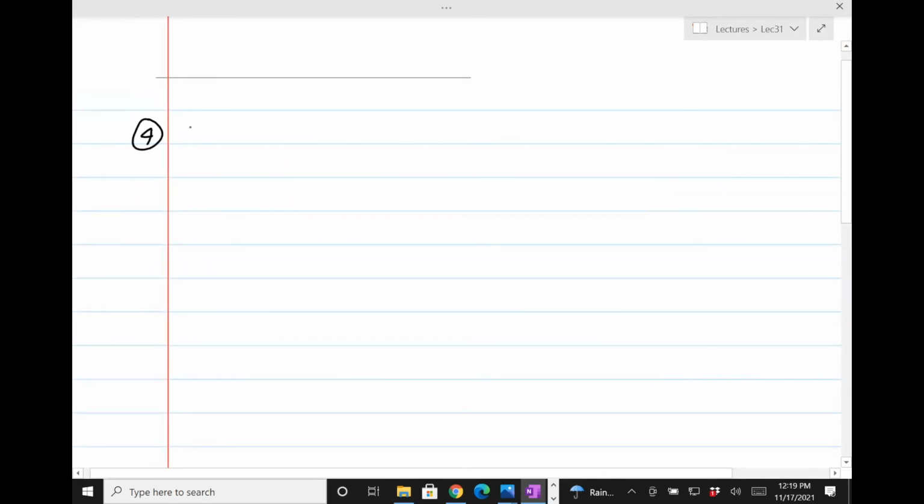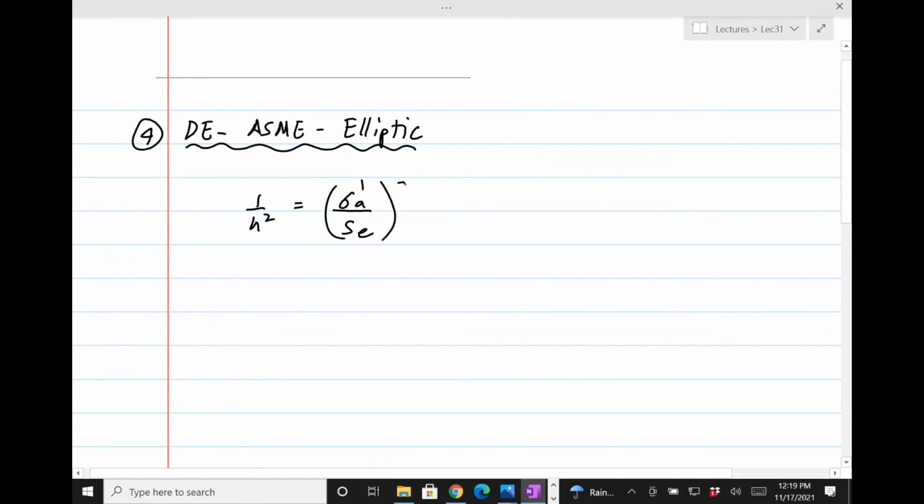So fourth one is DASME elliptic. Okay, what's that? It's basically 1 divided by n squared equals (sigma a prime divided by Se) squared plus (sigma m prime divided by Sy) squared.